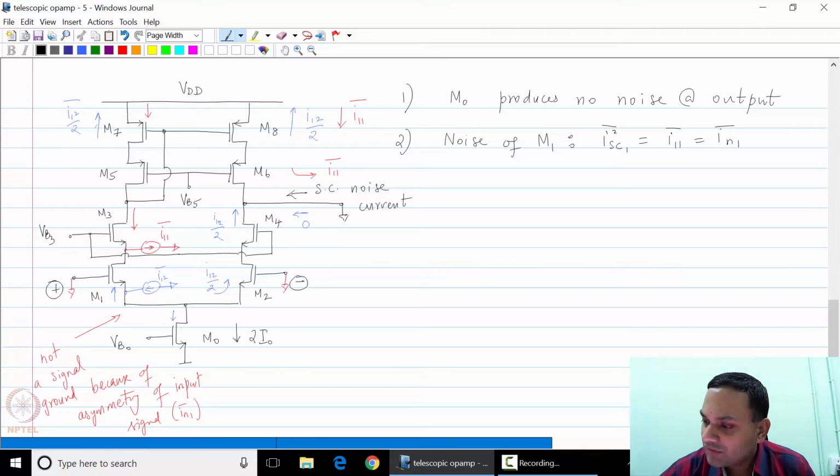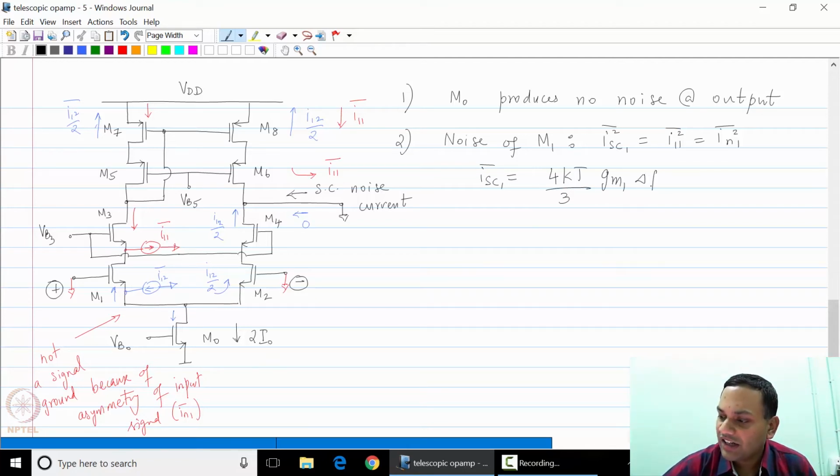So ISC1 squared is 4kT by 3 times GM1 delta F. So all of the noise of M1 appears through the output short circuit.